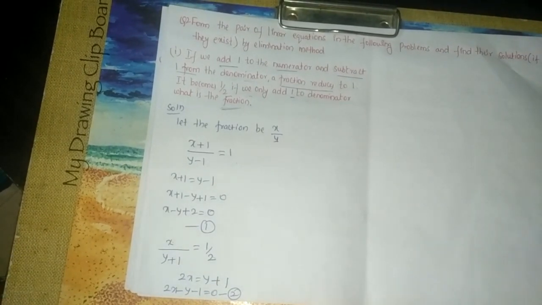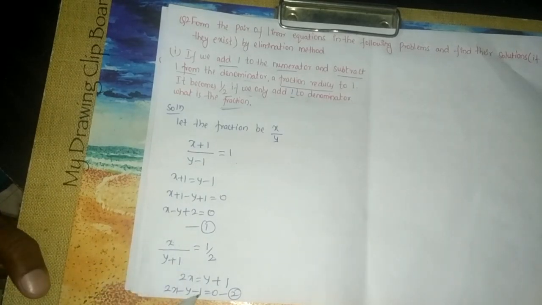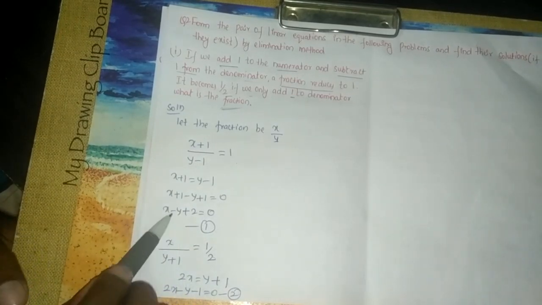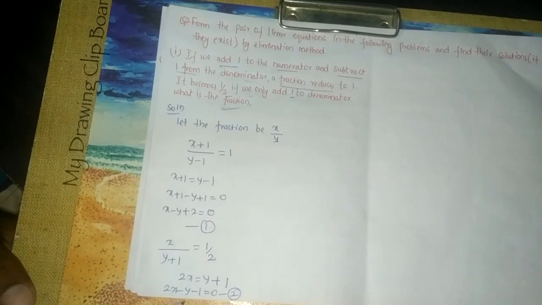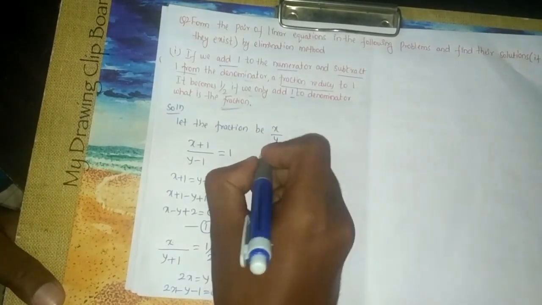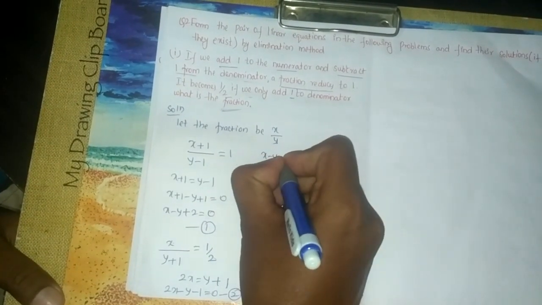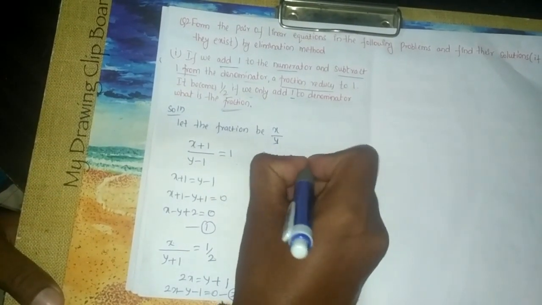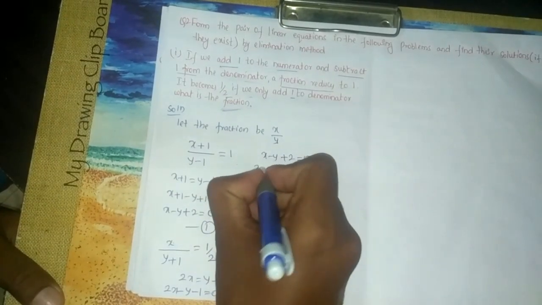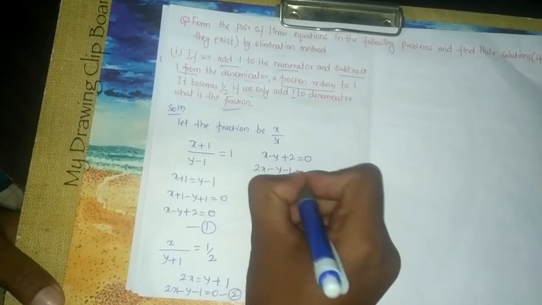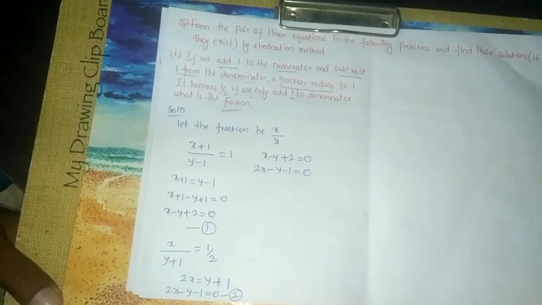We have to find the values of x and y by using the elimination method. So we have two equations. I will eliminate y here because y has 1 as its coefficient in both equations. Only thing is I have to change the sign. So x minus y plus 2 equals 0, this is equation 1, and 2x minus y minus 1 equals 0, this is my equation 2.